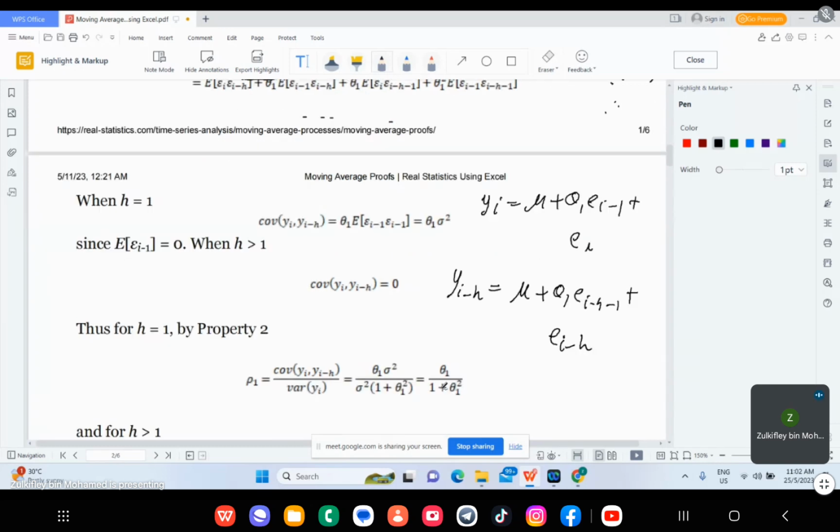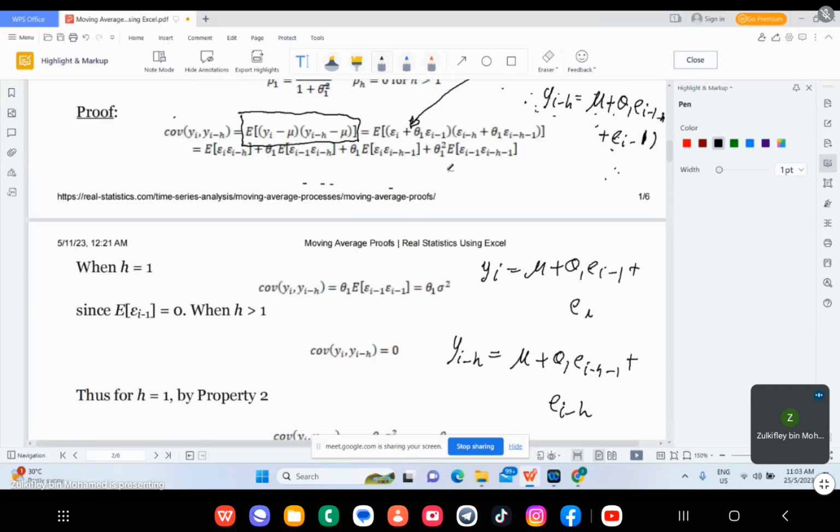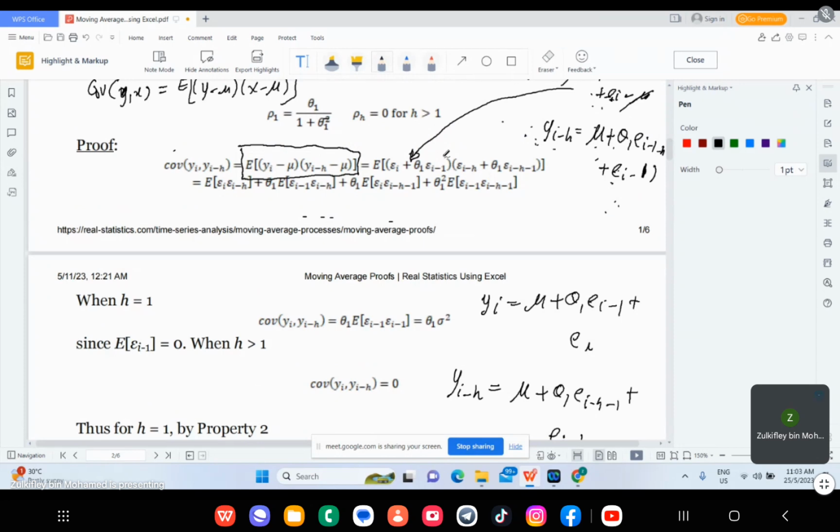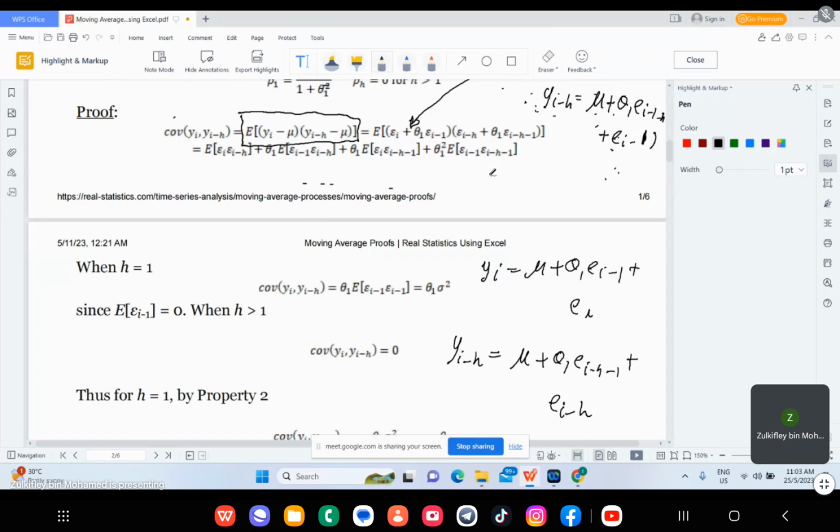So this will give me the value of this part. If we simplify this one, we put it into this function. So the initial function is originally Yi minus h minus mu.